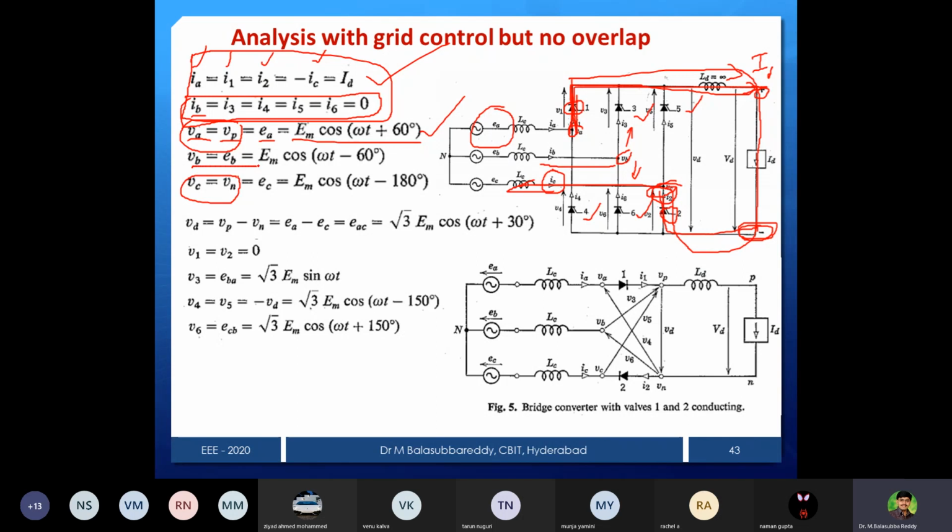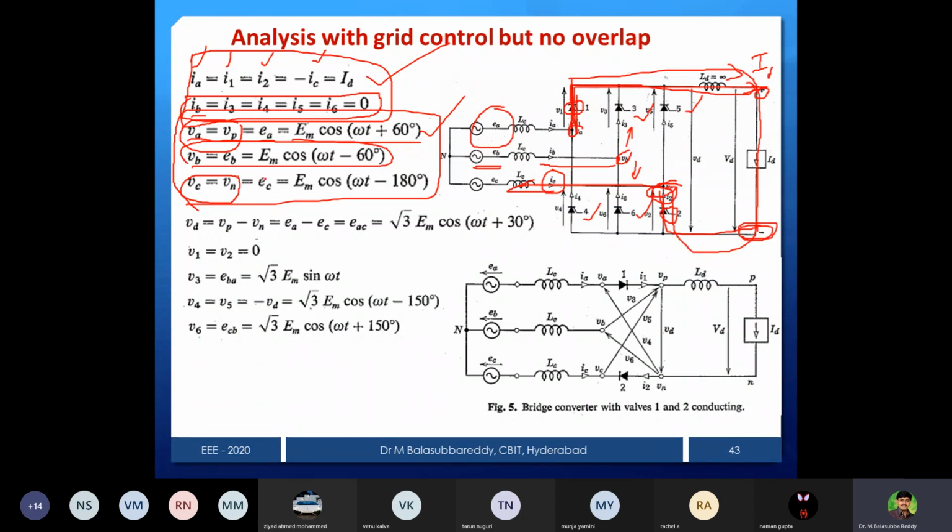And in the EB case you can see that it is not connected to either VP or VN. That's why just the same magnitude will be there. That magnitude is nothing but the EB magnitude. So now this portion is related to VA, VB and VC.